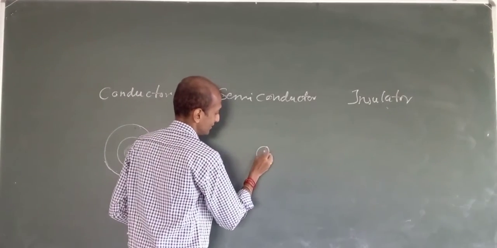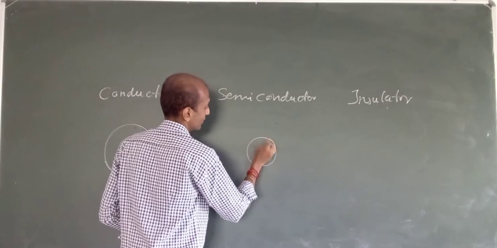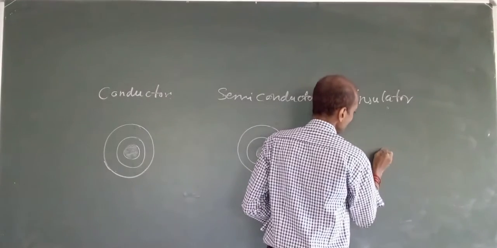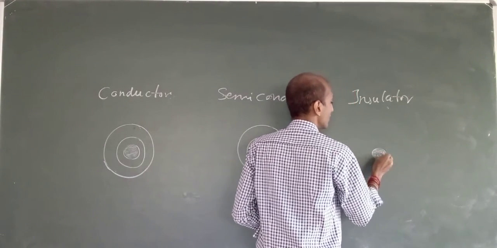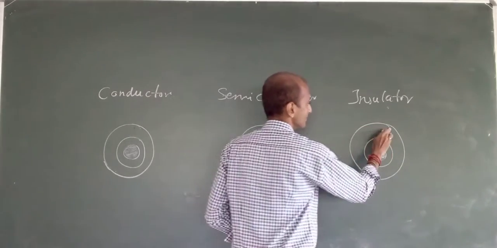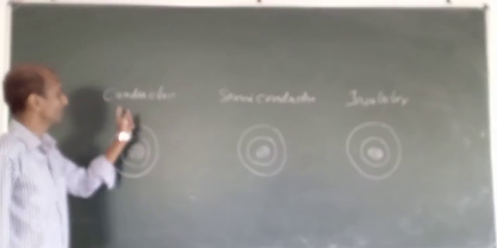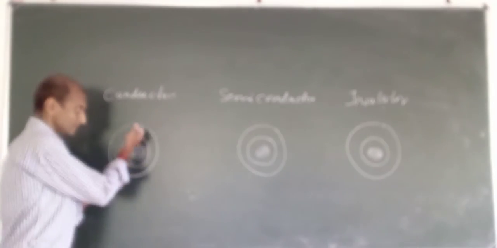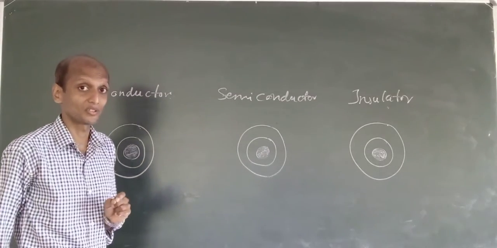Here also I will write the same thing: first orbit, valence orbit, nucleus. Likewise, I have drawn the atoms for the 3 materials to show how the valence electron count will be.